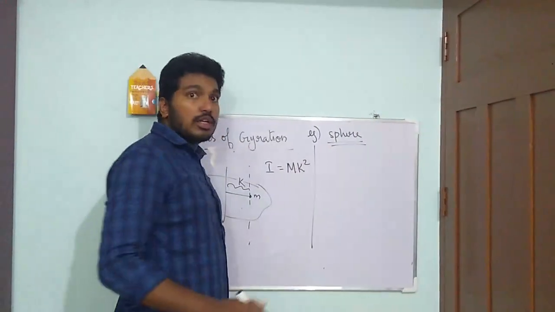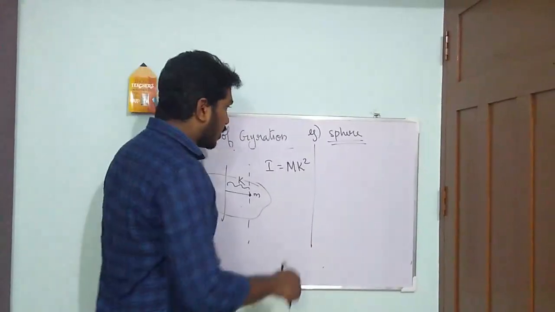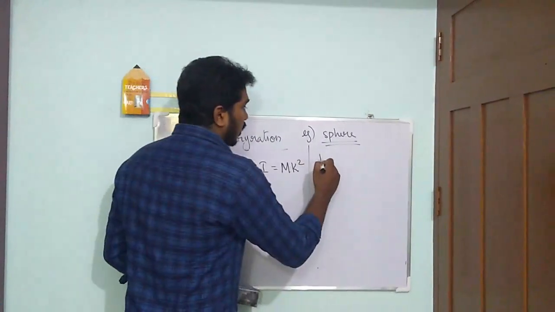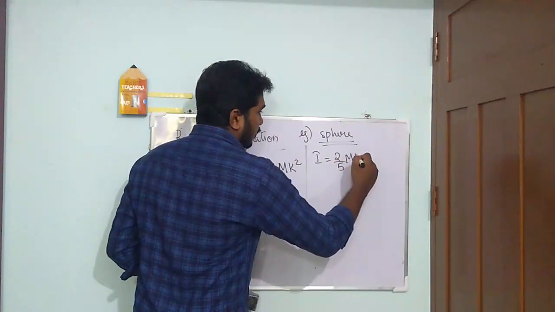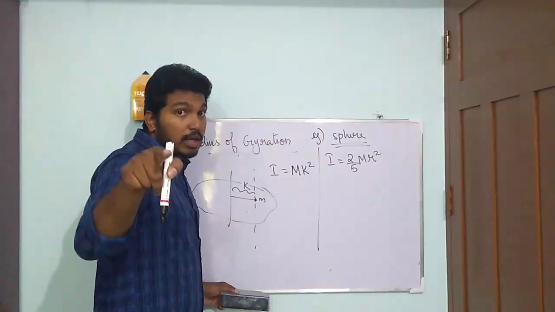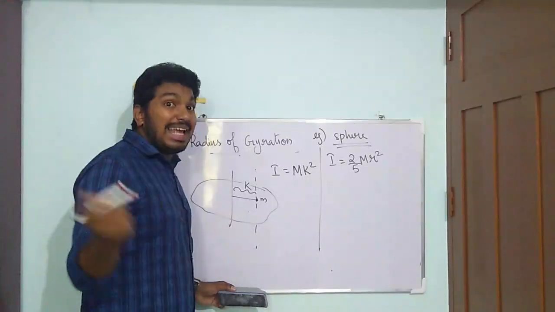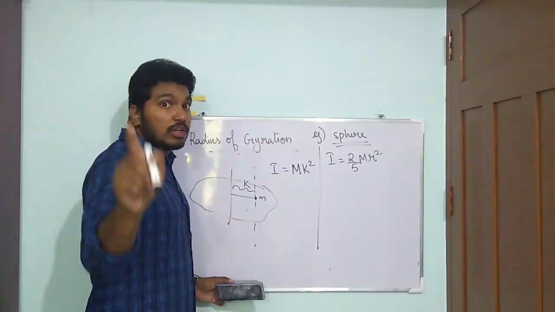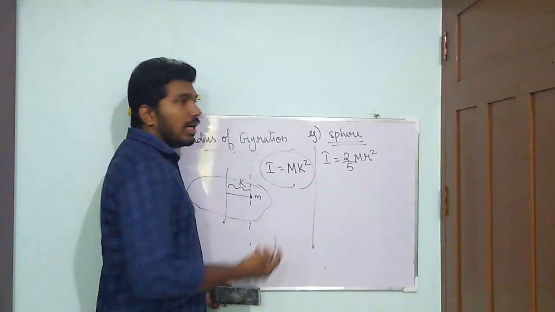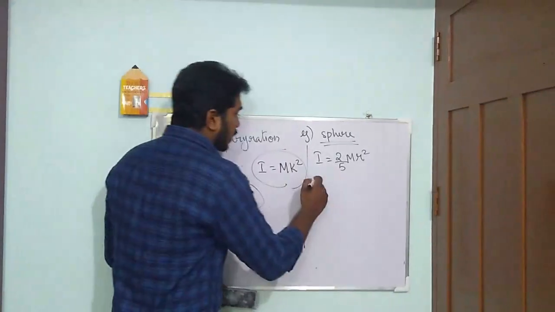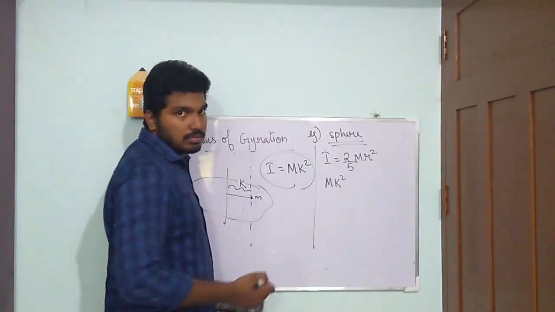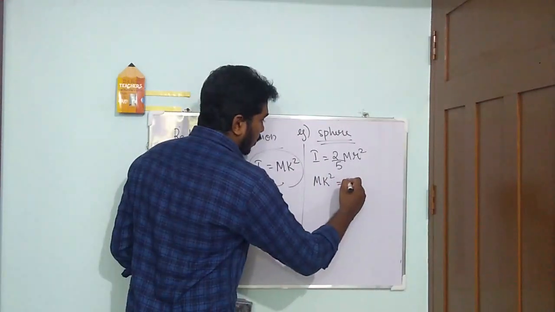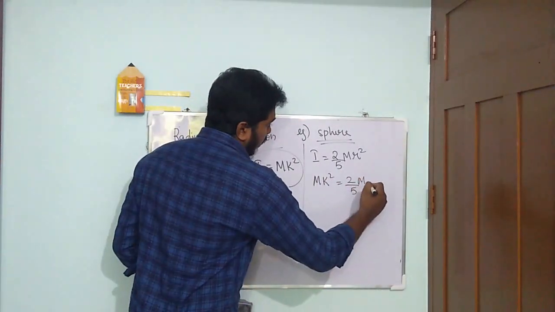Moment of inertia you already know: I is equal to 2 by 5 MR square. But for any body, any shape you take, moment of inertia is always equal to MK square. So MK square is equal to 2 by 5 MR square.